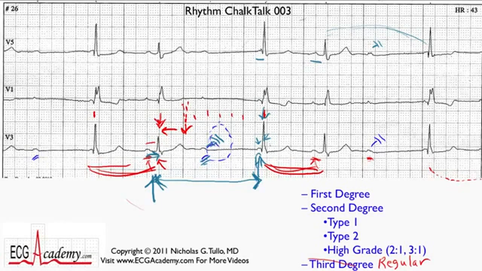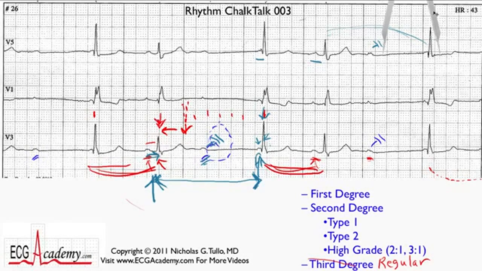We'll get our calipers back and say, okay, here's the R to R of this beat, and let's measure this pause. And the pause, indeed, yes, look at that. It's less than 2 times the previous R to R. So that must be Wenckebach.